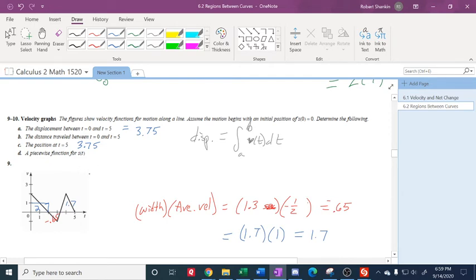So S of t is how far we're moving, our position. And my velocity is, alright, by the time I've moved to, it's got a slope of -1 over here.